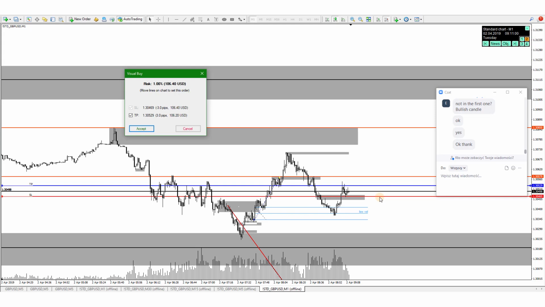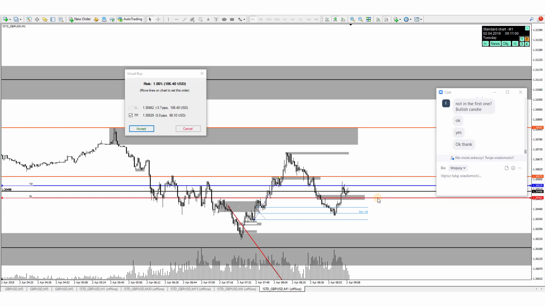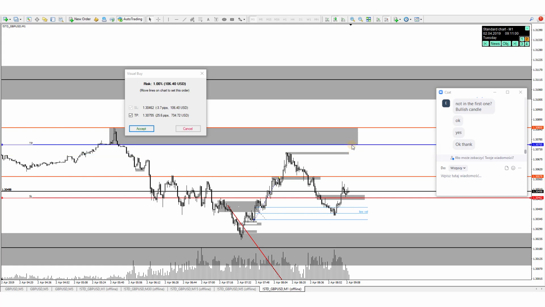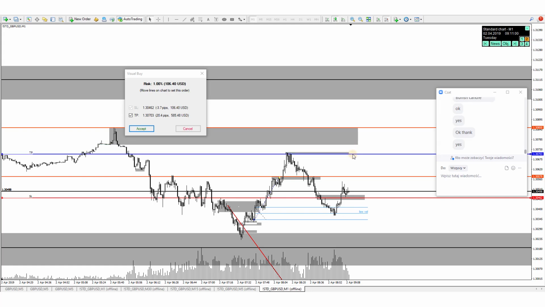At first, the stop loss. Sorry. Below the wick, so like less than 4 pips, and maybe to the resistance, or even to here. 1 to 7, guys, or almost 1 to 6.